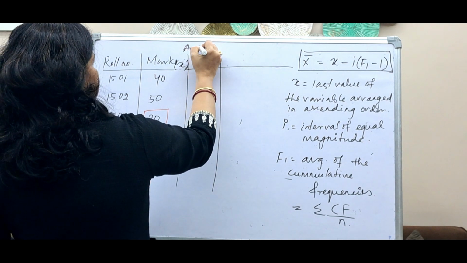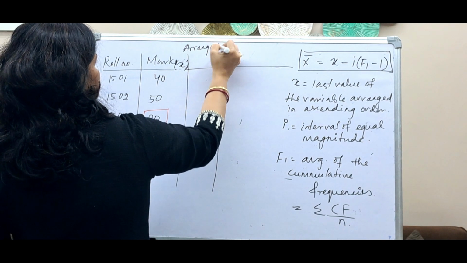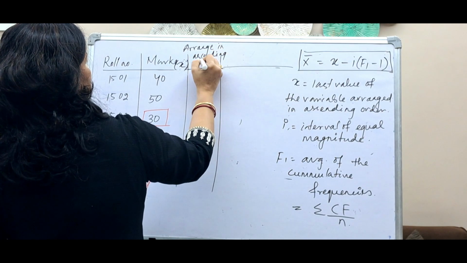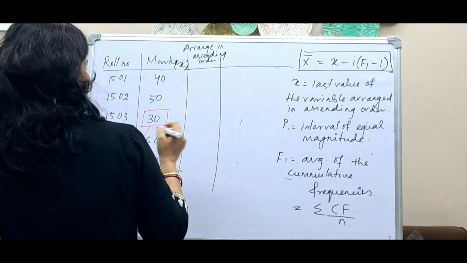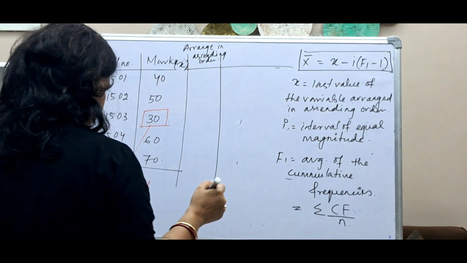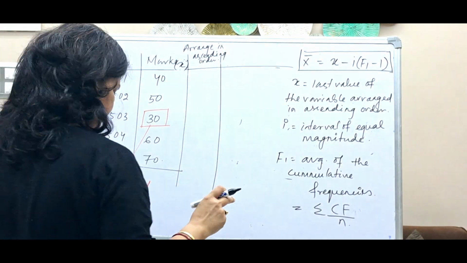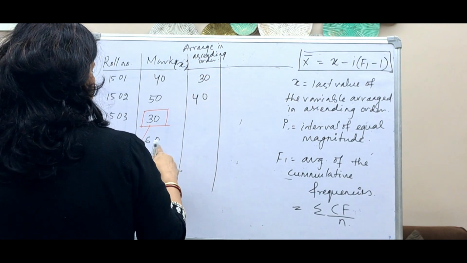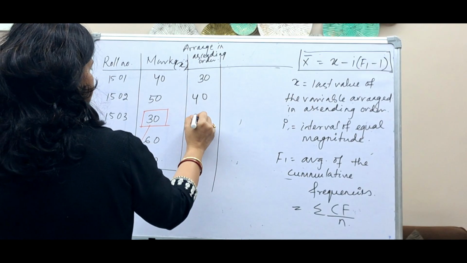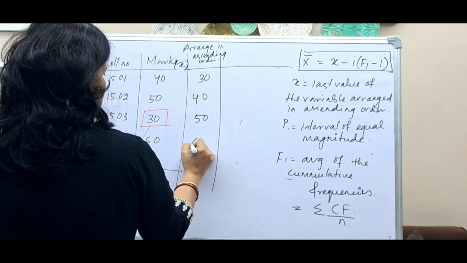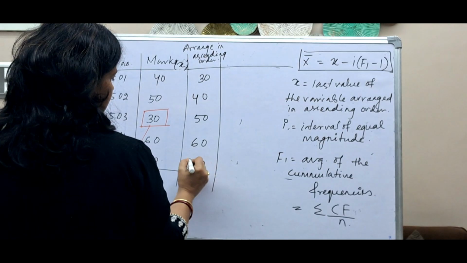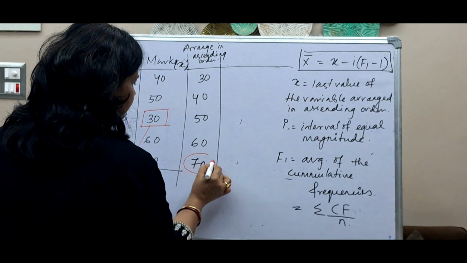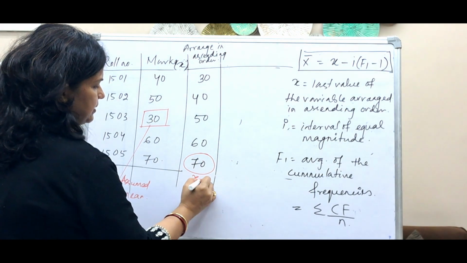First it will come 30, then 40, then 50, 60, 70. So this is the last value, this is called x.